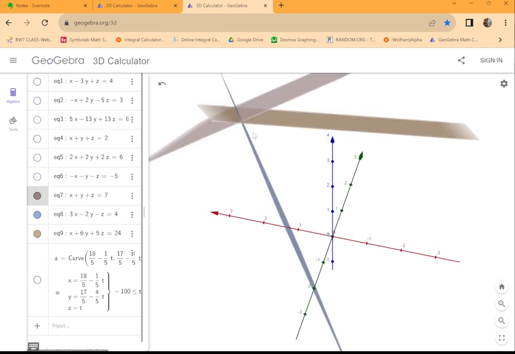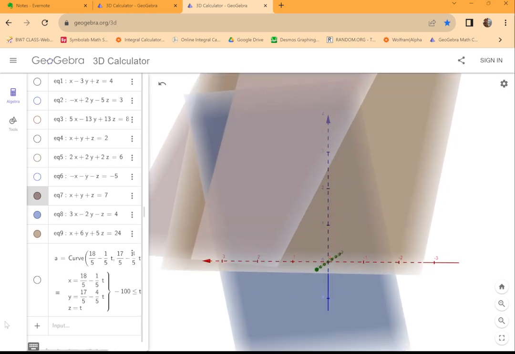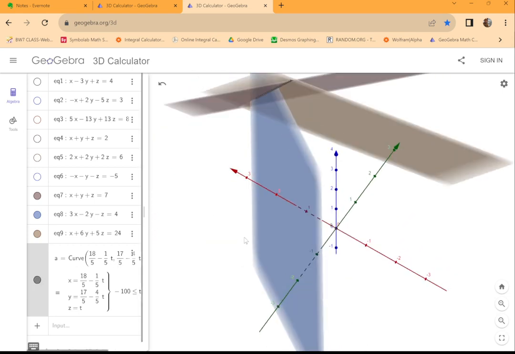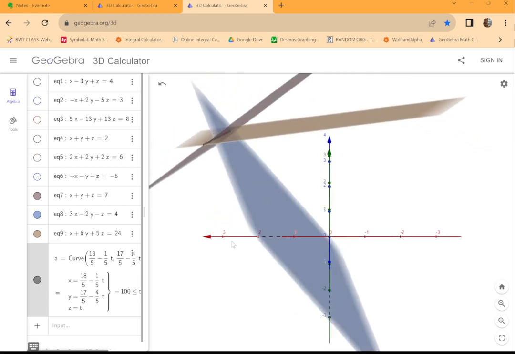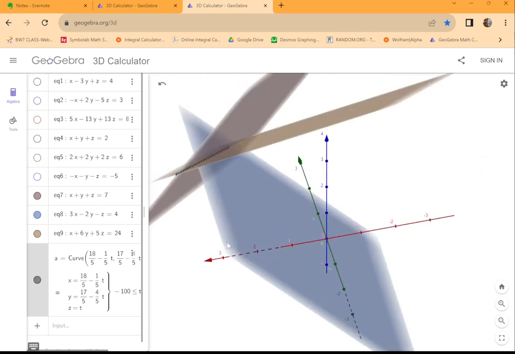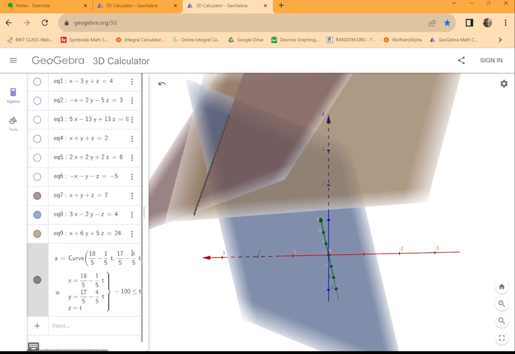They all three, in fact, do intersect at common points, those points forming a line. If I graph this line, we see here that it lies on all three of those planes. Sorry for the jerky movement here. And this is an example of a dependent system.